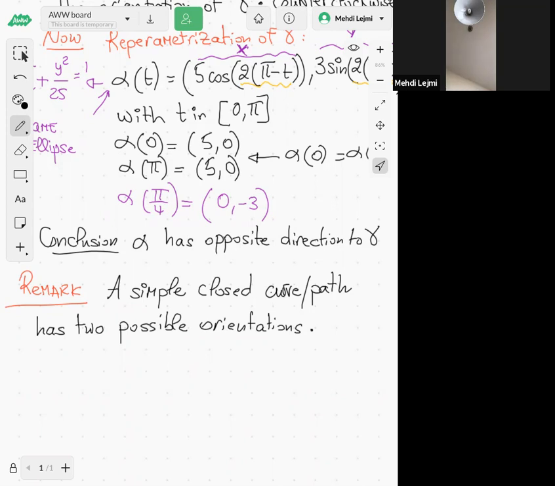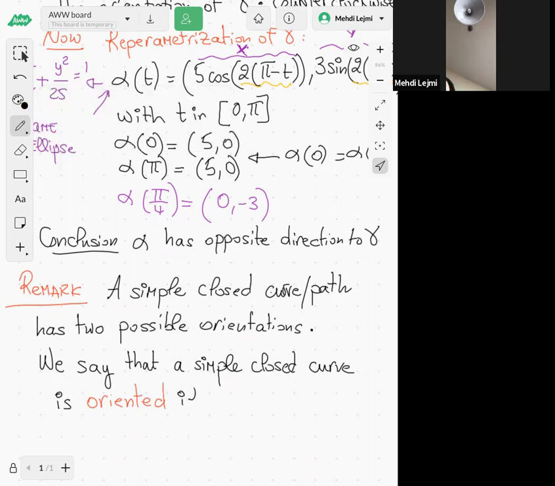So we say that a simple closed curve is oriented if a choice of orientation is made. If you choose some orientation, then we say that the curve is oriented.